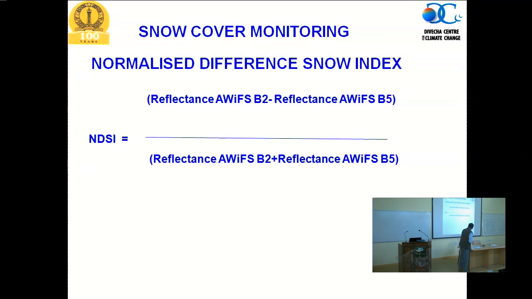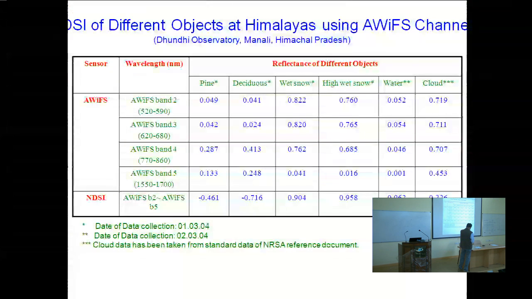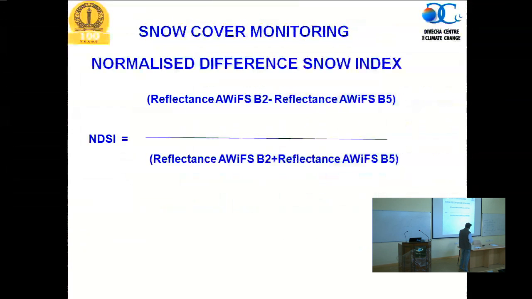It's almost done. But the important question is, is it unique? Because as we move towards that, one of the key questions which I have already asked you: can you use the DN, digital number? And here I am talking about the reflectance. Is there any difference between these two?